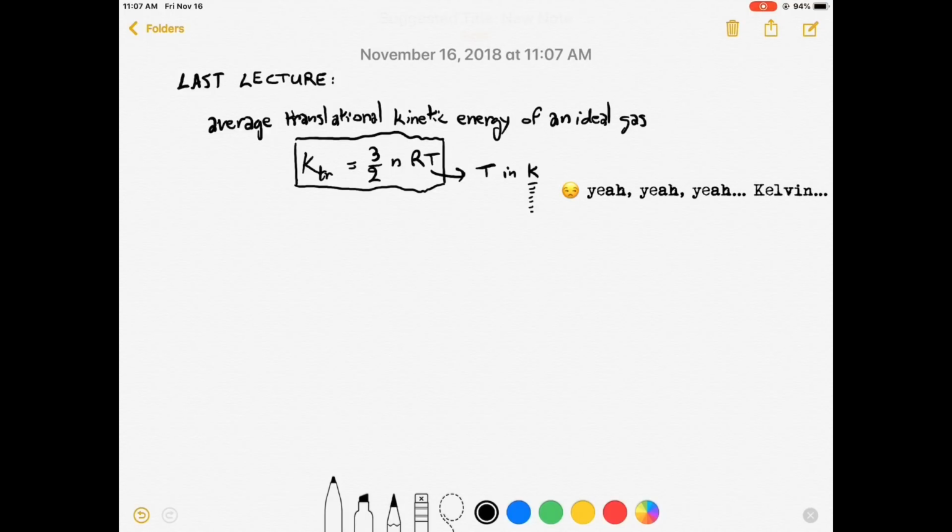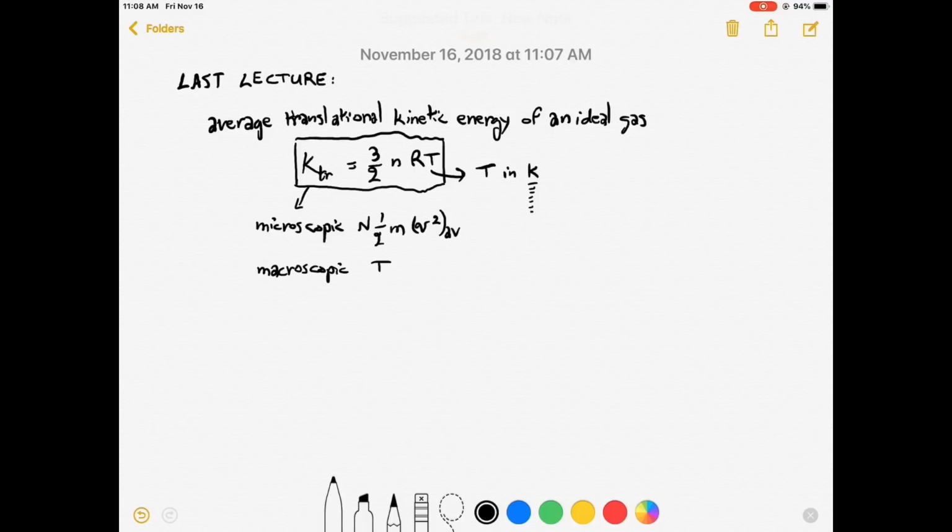This relation is very important and very interesting because it relates the microscopic description, where you have the number of molecules, the mass of the molecules, and the speed of the molecules, with a macroscopic term that is just the temperature.